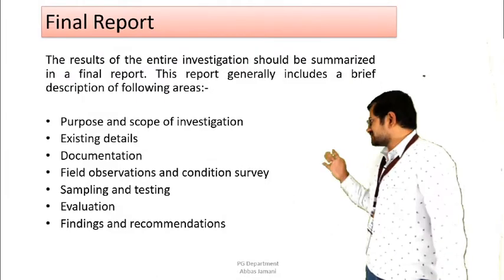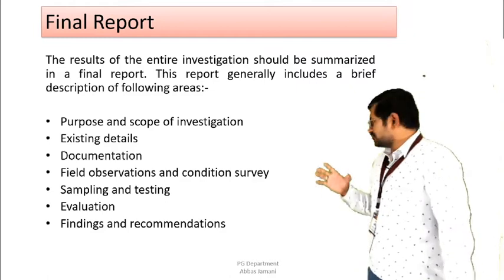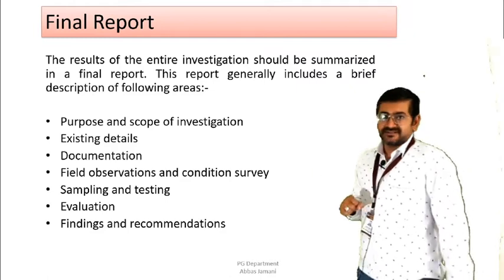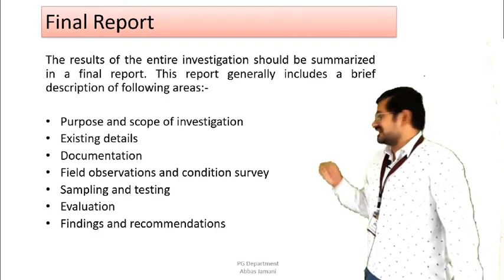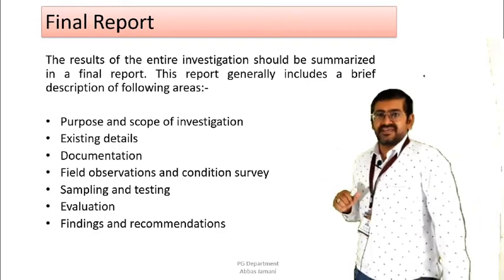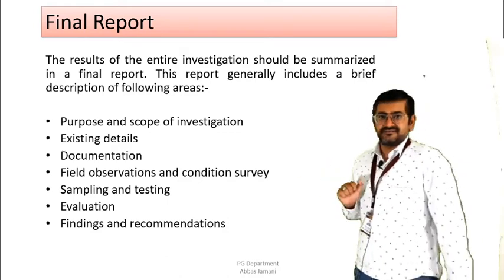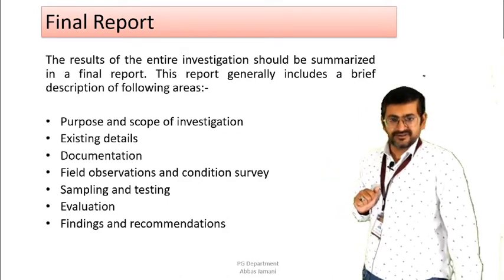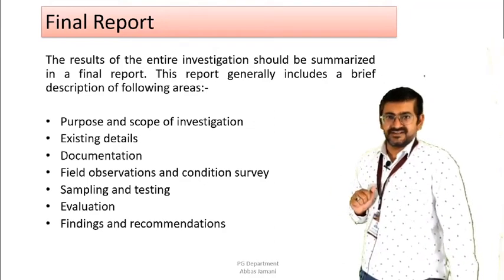And lastly, based on that, you prepare a final report. In the final report, you need to provide the following heads. First, you mention the purpose and scope of the investigation. Second, you give a brief about the existing details that you have collected. Third, you talk about the documentation, that is, the physical documentation that you have with you. Then you talk about field observation and condition survey.